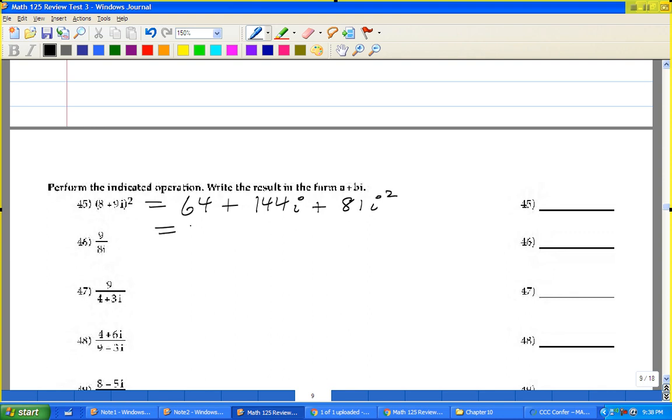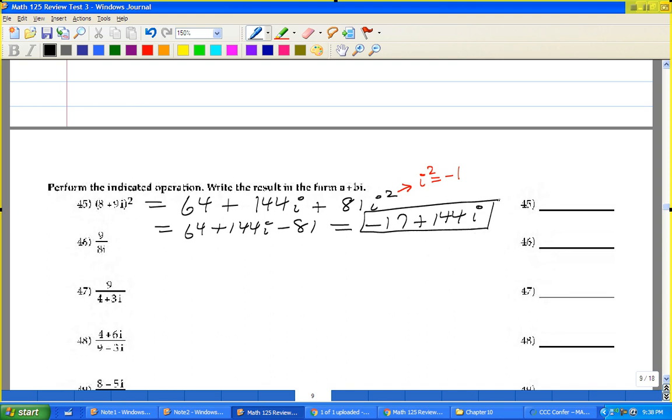Recall that i squared is negative 1. And so this positive 81i squared becomes a negative 81. And so if I subtract, I get 64 minus 81, negative 17, plus 144i. And that is your answer.